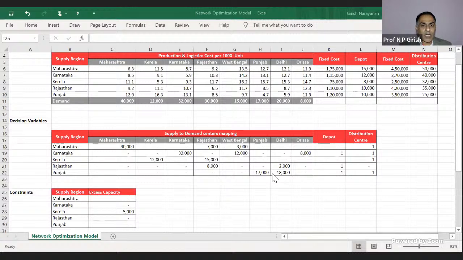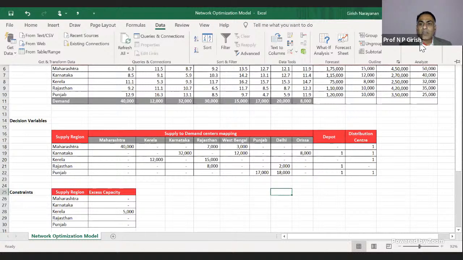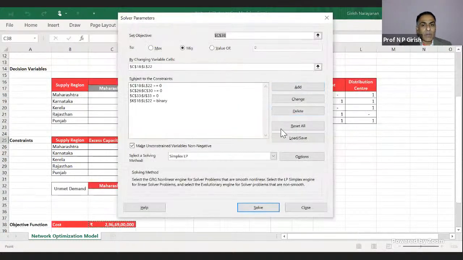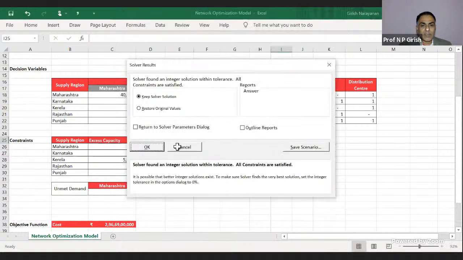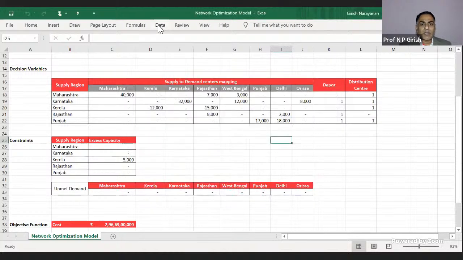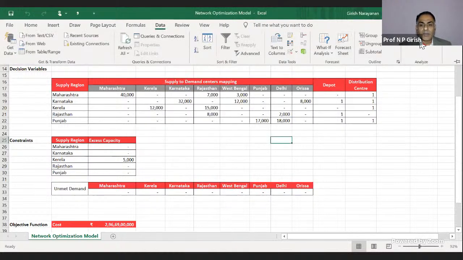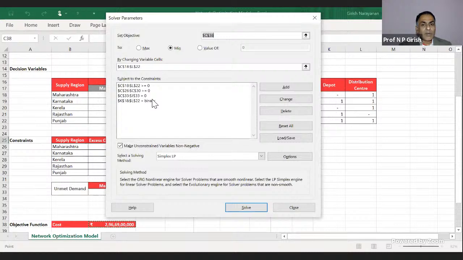Nitash, in your Excel, you're not able to take binary. Let's check it out, please. Data, solver. All right. Oh, no. Cancel. Data, solver. We go here.